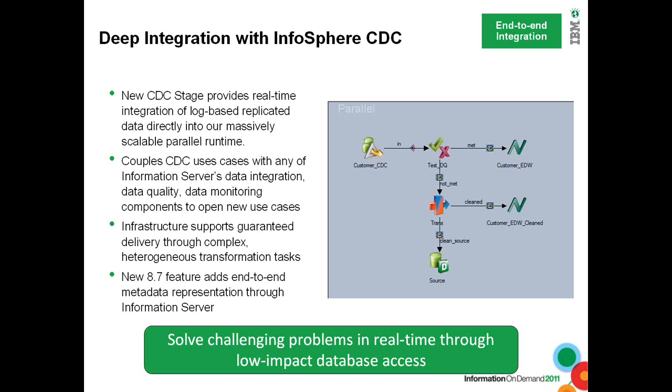Directly from the parallel canvas, you can use a CDC stage and listen to the changes being propagated from the source, from the CDC agent, and also propagate them in real time back to wherever the target is.